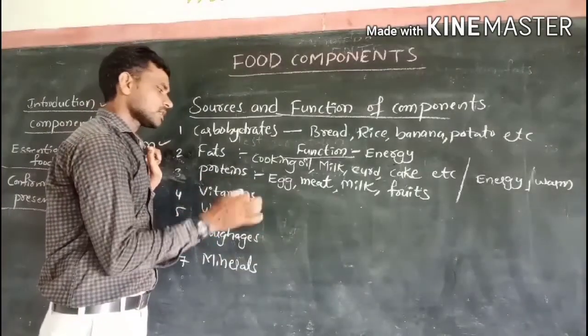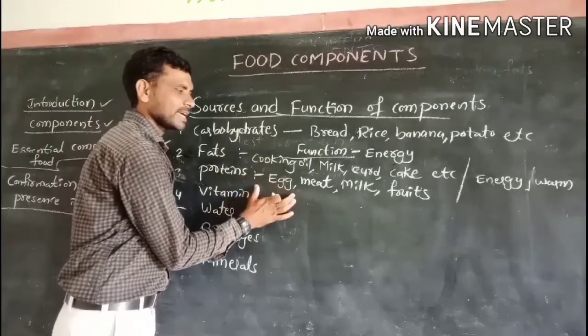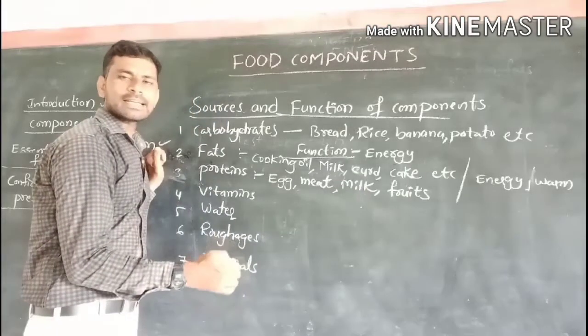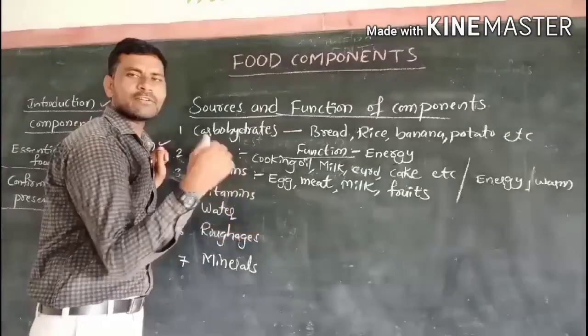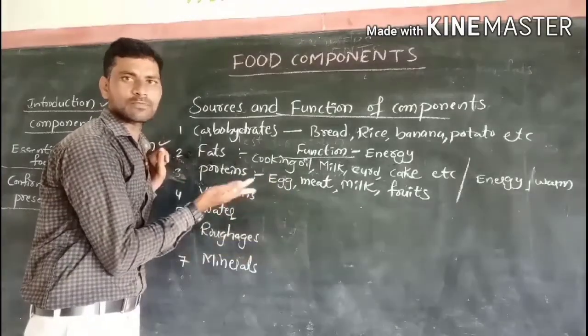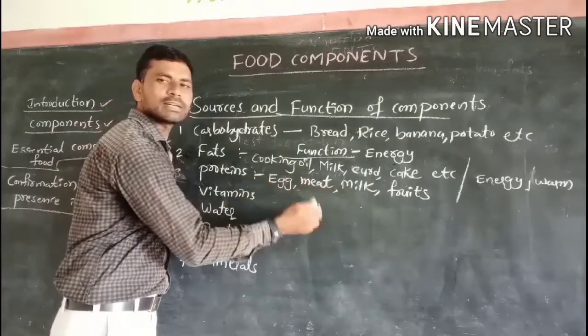What are the main sources of protein? You can say food items like egg, meat, milk, fruits. So these contain protein. Sources means where we get proteins. You can remember egg, meat, milk, fruit.